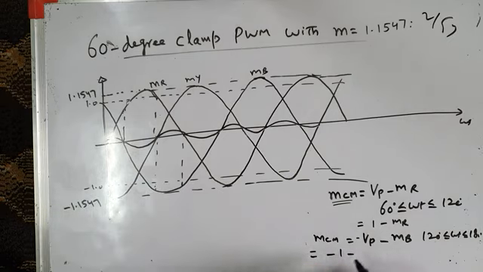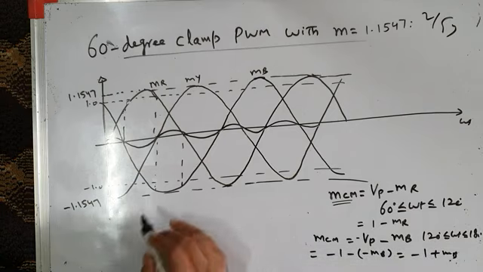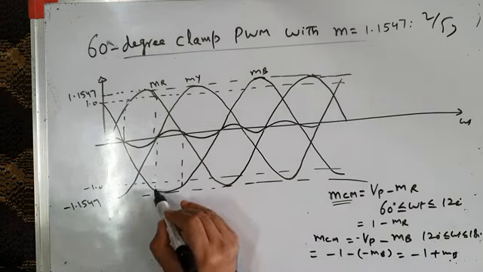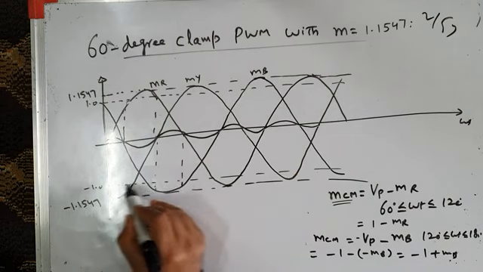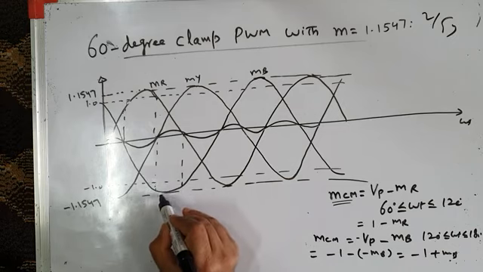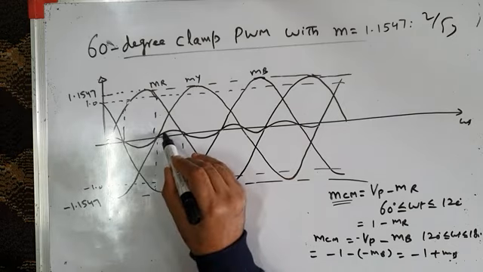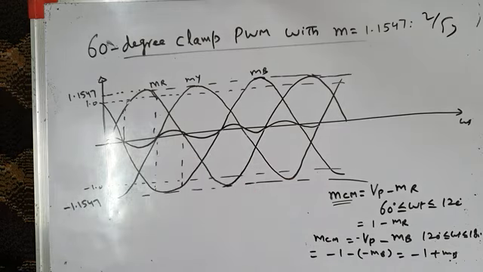This Mb is minus only, its value will remain minus. So it will be -1 plus Mb over this interval. Since Mb is greater in amplitude than Vp, this minus this will become positive. That's why over this interval it's becoming positive.